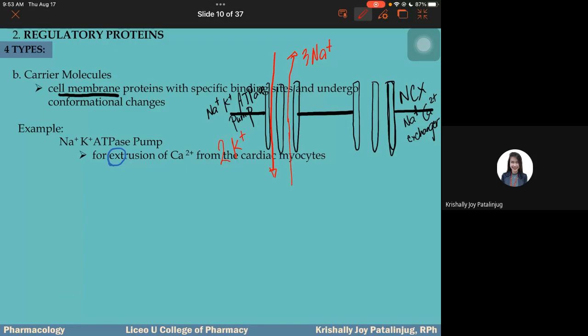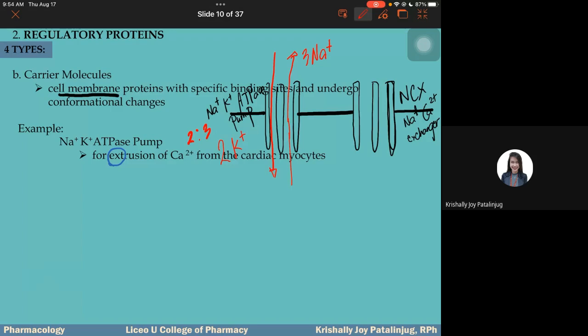So the ratio is 2:3. Now, you might be confused: ma'am, earlier the movement of sodium ion was inward, and the movement of potassium ion should be outward.